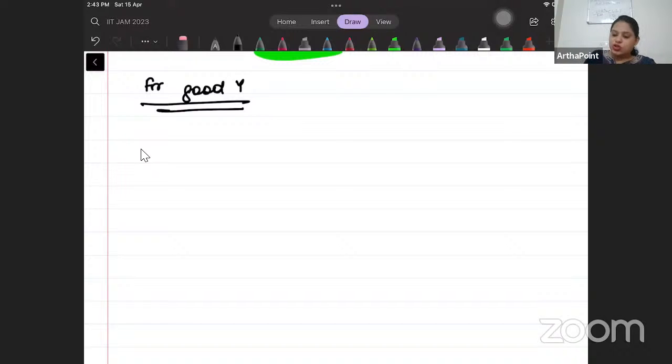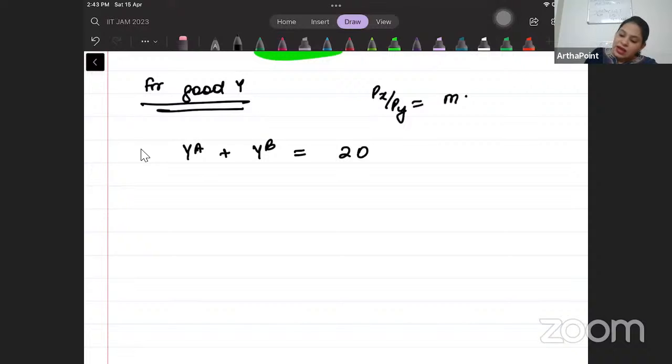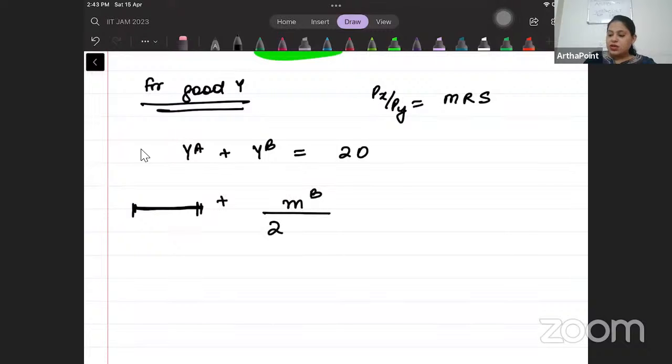But if I need to check, then YA plus YB should be equal to supply, which is 20. Because the price ratio is equal to MRS for individual A, he can consume any amount between 0 and the maximum. Individual B will consume his income upon 2Py, equal to 20.